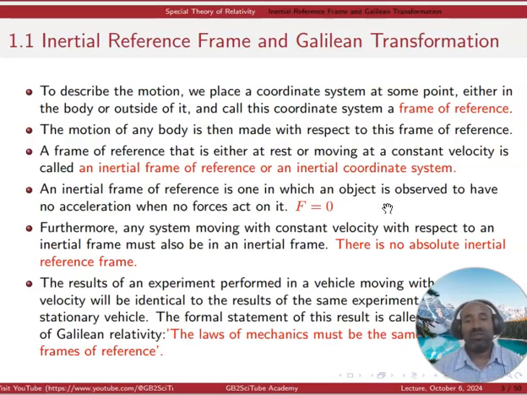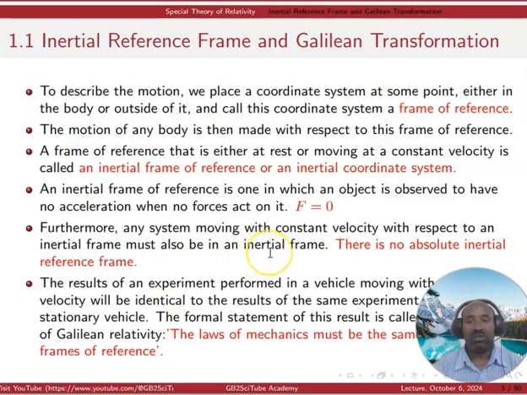In that case, the net force is 0, or the acceleration of the system or the frame is 0. This is what we call an inertial reference frame, and a non-inertial reference frame is a reference frame which is accelerating. In the Galilean transformation, we will apply this frame.